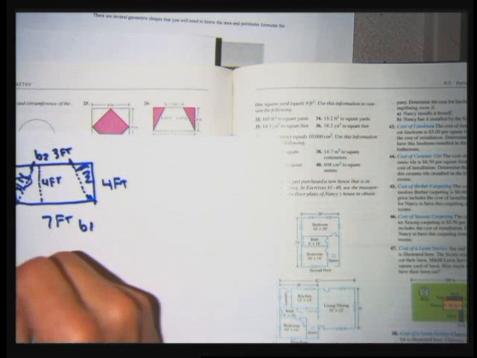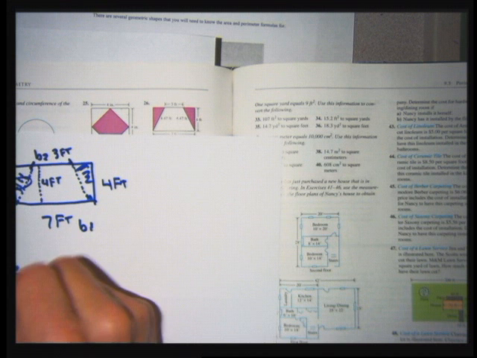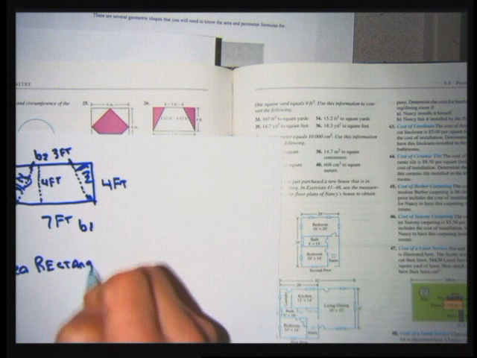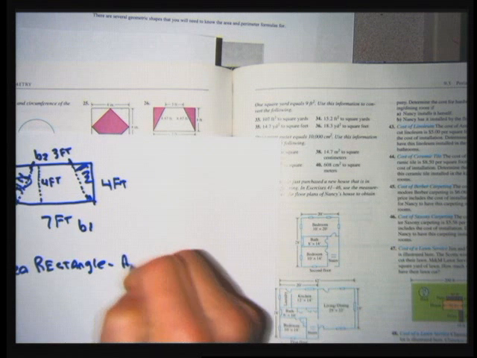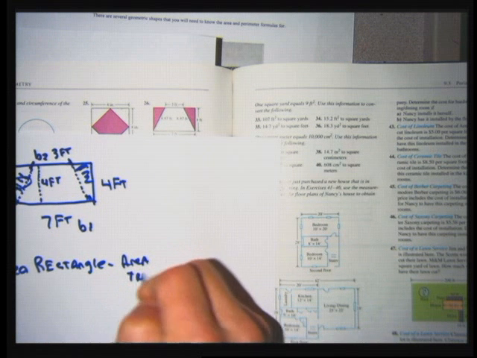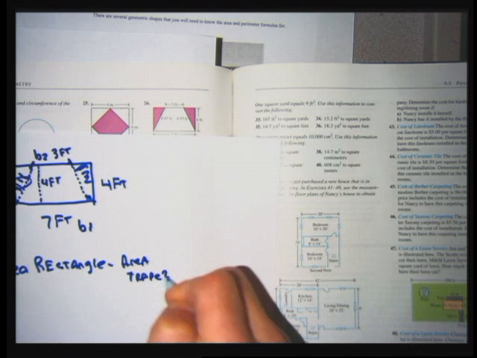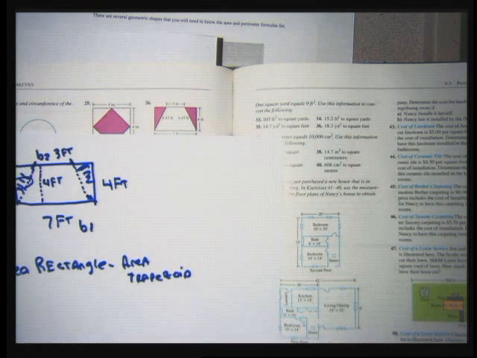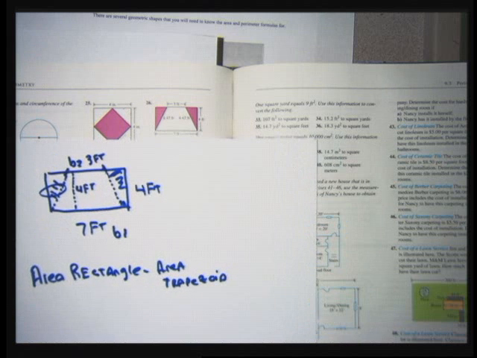Pictorially, the shaded area is the area of the rectangle minus the area of the trapezoid. Most of these problems, the shaded area I'm going to get by subtracting, and that's the case here.